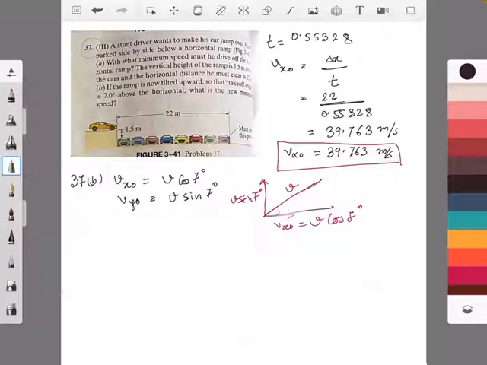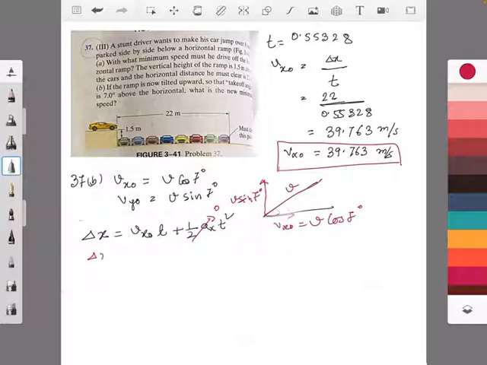So let's start with the delta x equation as we did in part A. Delta x is Vx0 times t plus half Ax t squared. Again, Ax is 0, there is no acceleration in the x direction.